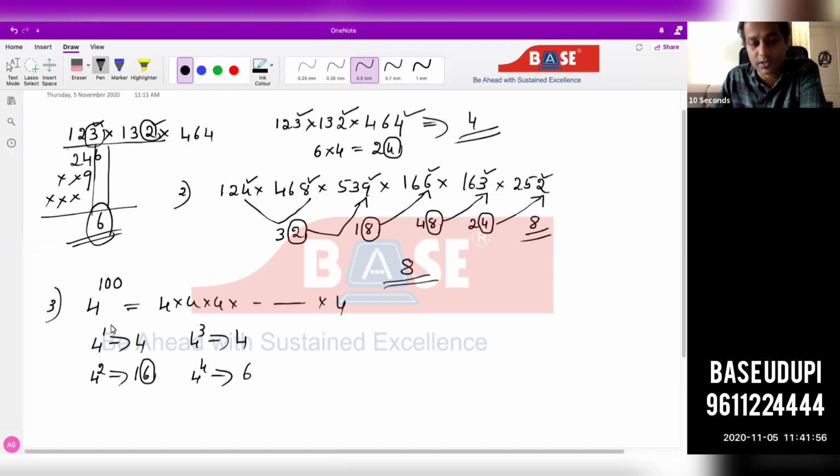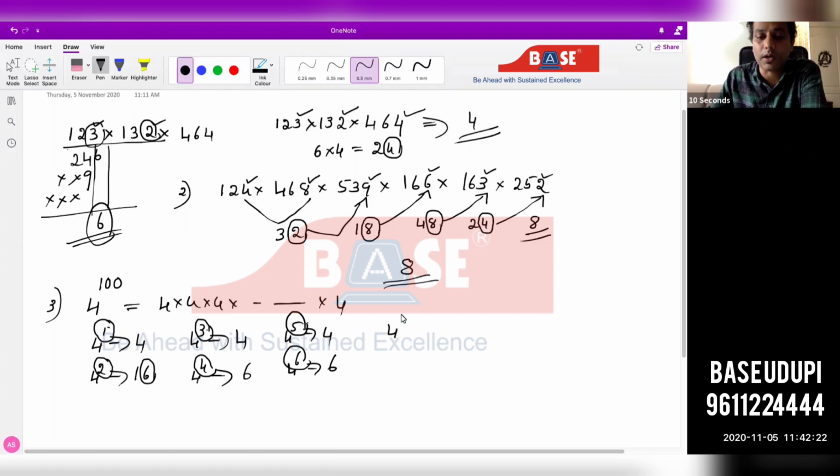Now see the sequence here. 4 to the power 1 ends with 4, 2 ends with 6. 3 ends with 4, but 4 ends with 6. Next, 5 ends with 4, but 6 ends with 6. On powers 1, 3, 5, you can see it ends with 4. On 2, 4, 6, you can see it ends with 6.